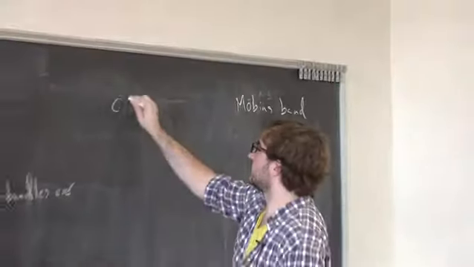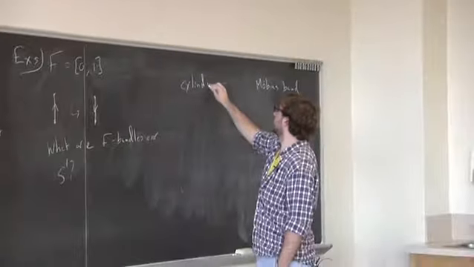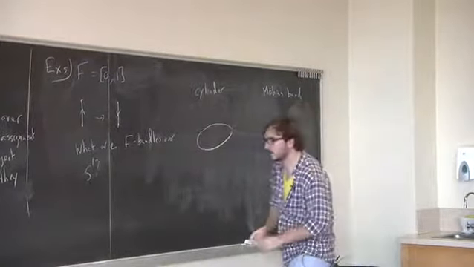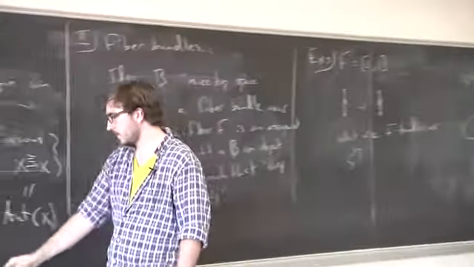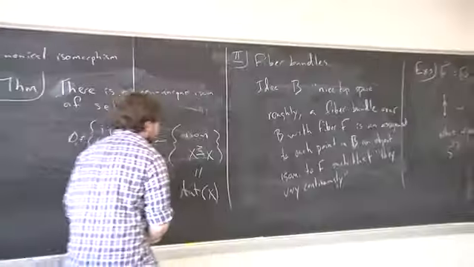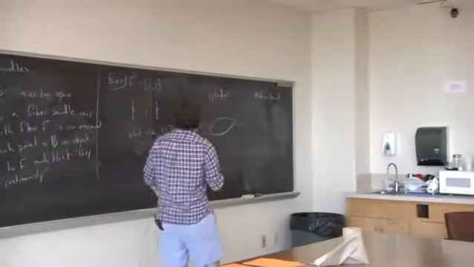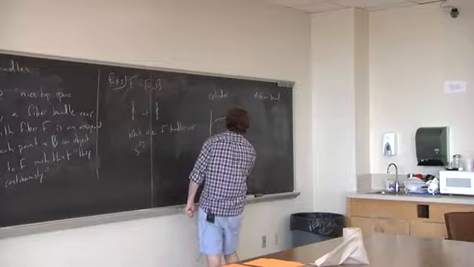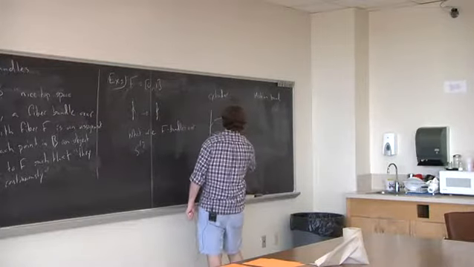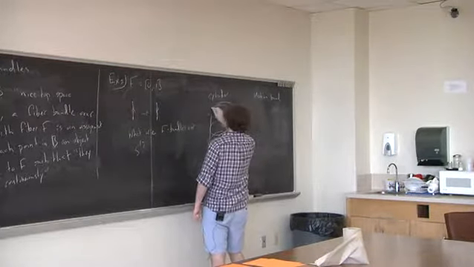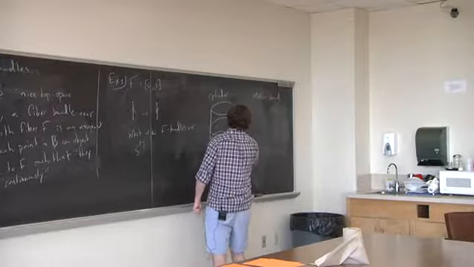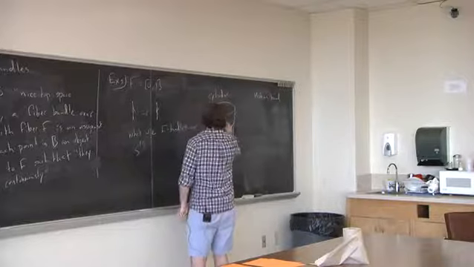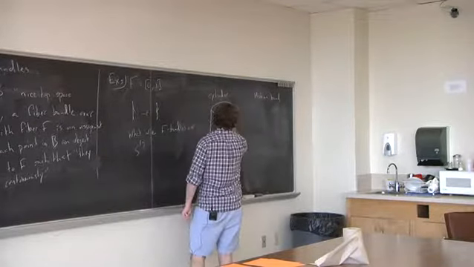We also just have a cylinder. Okay, so a cylinder is just something like this. I've got a circle. I've got a couple of other circles like this, and my fibers are these intervals here in pink.